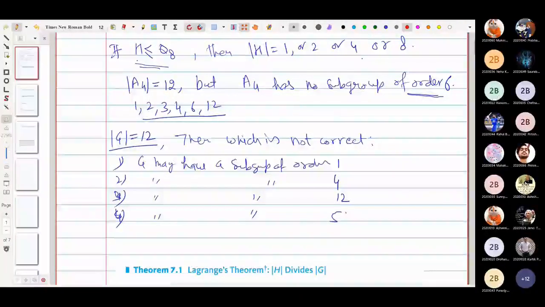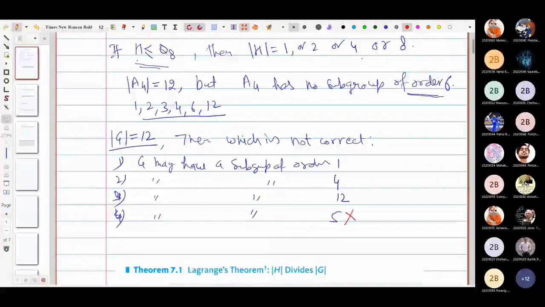So this is wrong, because 5 doesn't divide 12. The only possibilities for the order of a subgroup are the divisors of the order of that particular group.